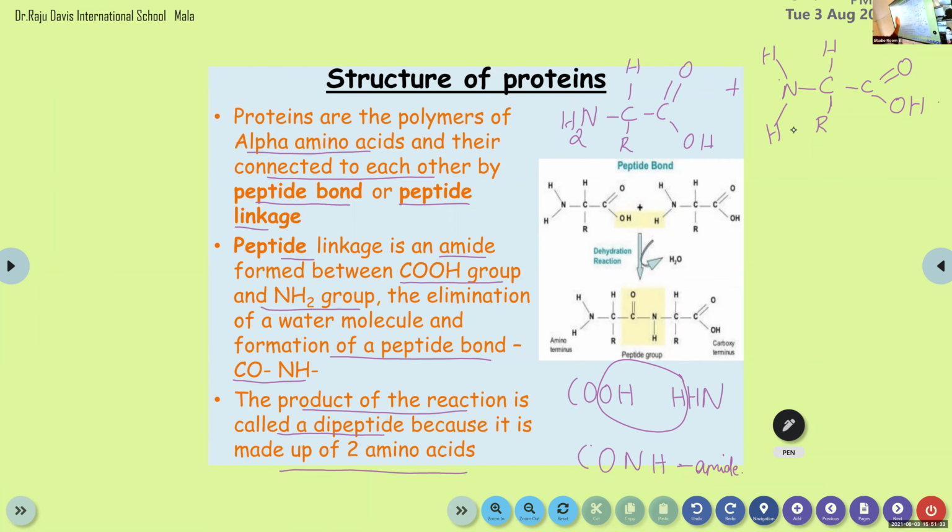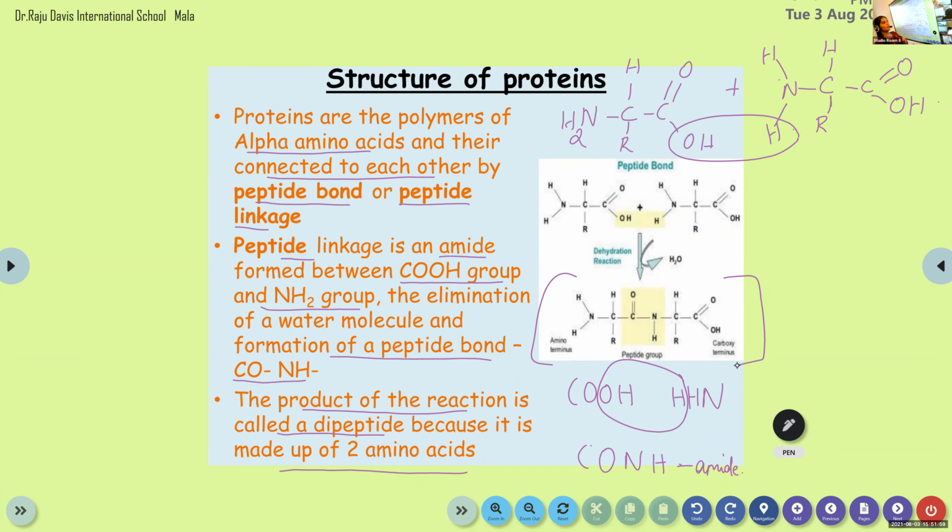Okay, these are two amino acids. So, one H2O molecule is removed from this: from the first one OH and from the next one hydrogen. So, H2O molecule is removed from these two amino acids and the formation of CONH takes place. This is an example for a dipeptide.